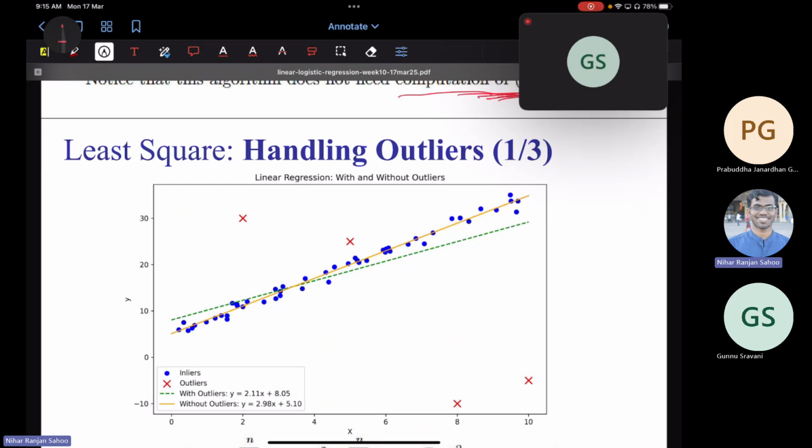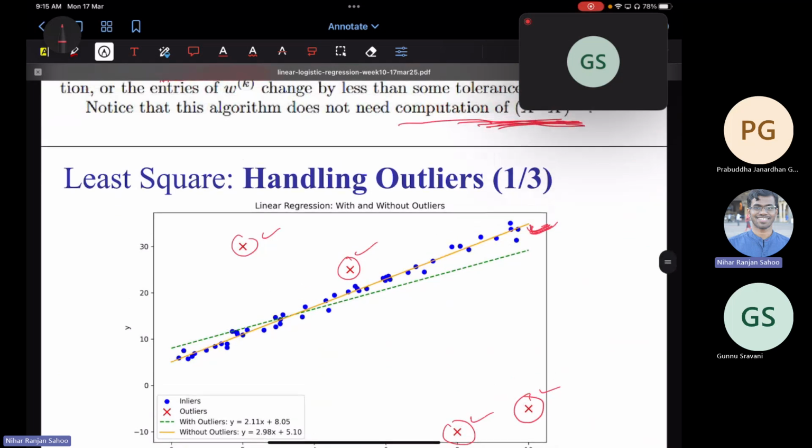Let's say these are four outlier points, and these blue points are nicely plotted and are the correct data points. If we are devising an algorithm, we should be able to ignore these four points and draw the best fit line using the blue points, right? If you do that, you will get this orange line.